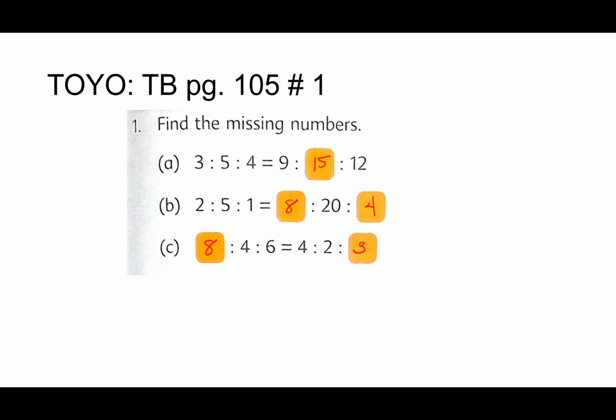Go ahead, Tyler. On A, if 3 has to equal 9, then you have to be multiplying it by 3. So the next one is 5 times 3. Okay, great job. That's exactly right.